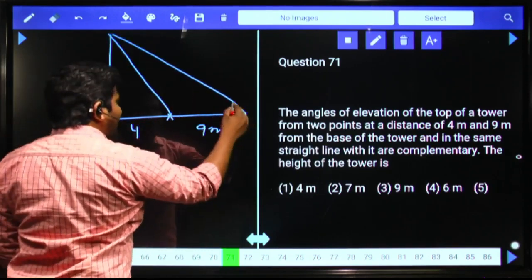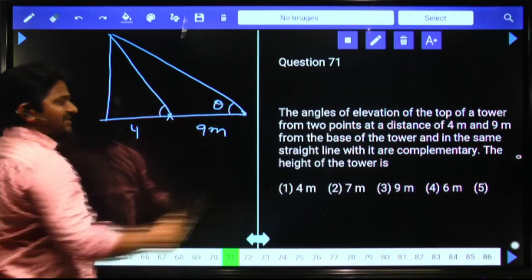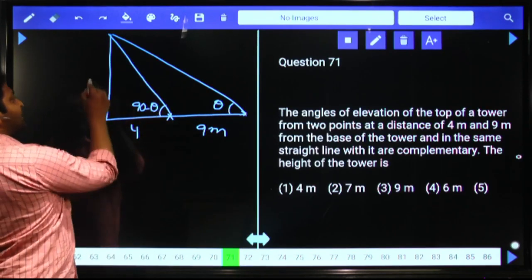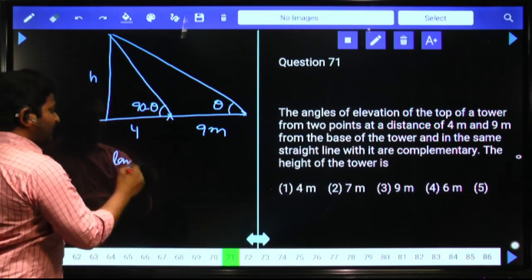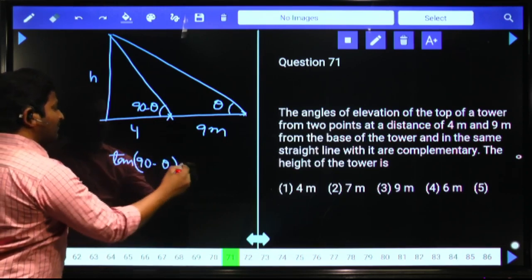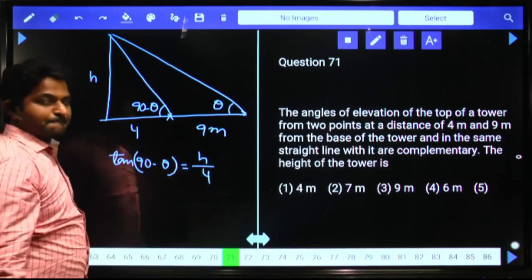These two angles of elevation are complementary, they are saying. If this angle is theta degrees, then this is 90 minus theta degrees. Let's say height is h. Now tan of 90 minus theta is height by 4, opposite side by adjacent side.